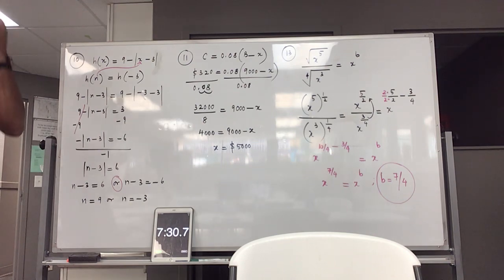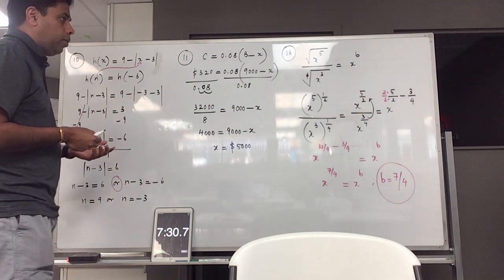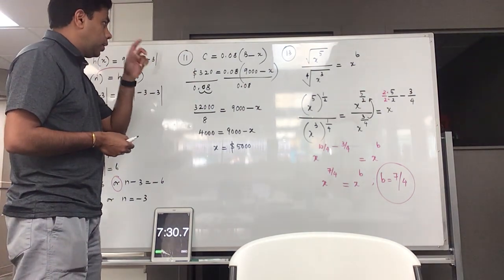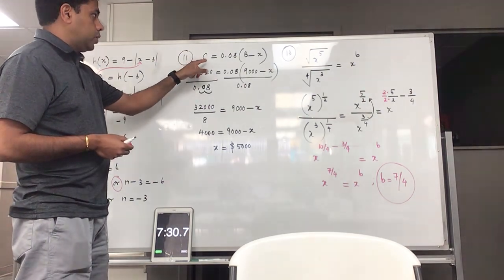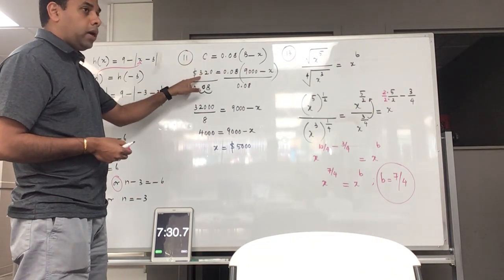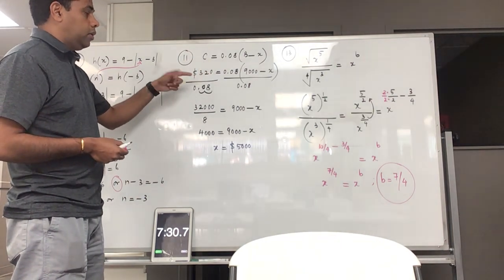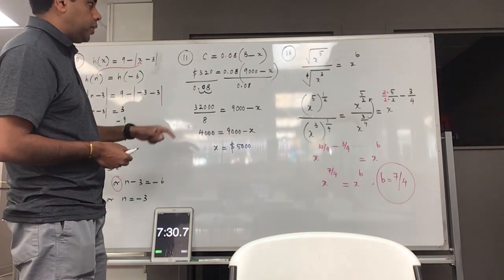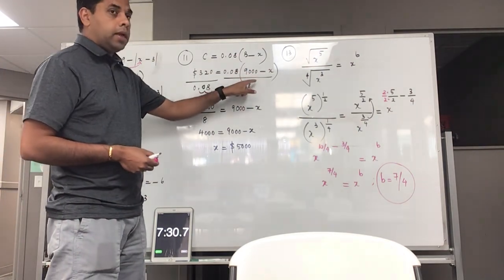All right. Question number 11 is a typical long PSAT question where you just have to match the terms, and there is a without-calculator section here. So this is the equation. If you read very carefully, C is $320. They've given the description, so you have to just match. B is $9,000.